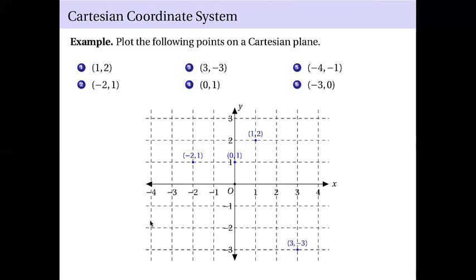The point of intersection is on this part. Okay? So we see that's the point there, negative 4 comma negative 1. And then here you have negative 3 comma 0. So this is your negative 3 on x, and the y is 0, so you're on the x-axis. So you will have this particular point.